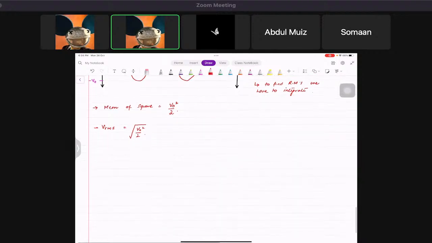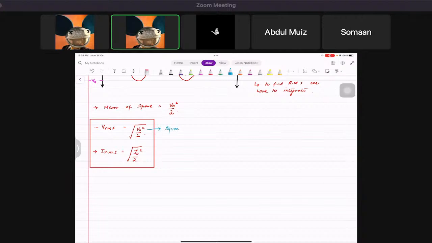You can use this formula for current as well. So I RMS would be equal to I naught squared, that's the maximum current square, divided by 2, and then you can find this. This is the square of max voltage, some people like to call it peak voltage, whatever you want to say, it's fine.